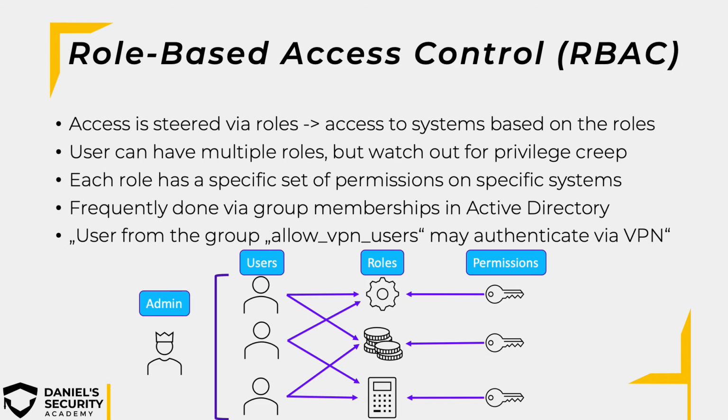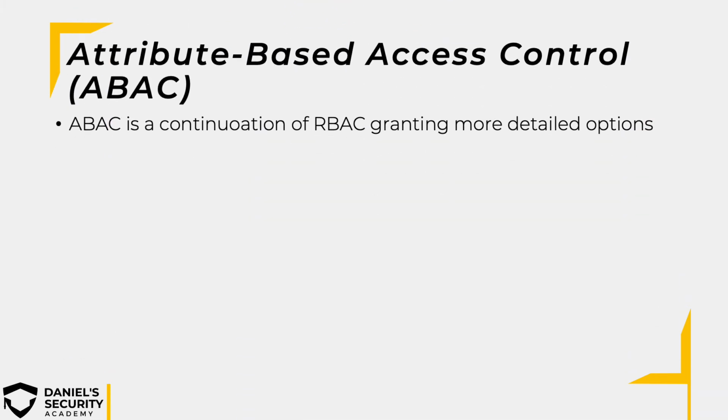Moving on to attribute-based access control. ABAC is like a continuation of role-based access control, which will give you quite a lot more detailed options to set authorization, because there are three attribute groups you can use to build your authorization rules.